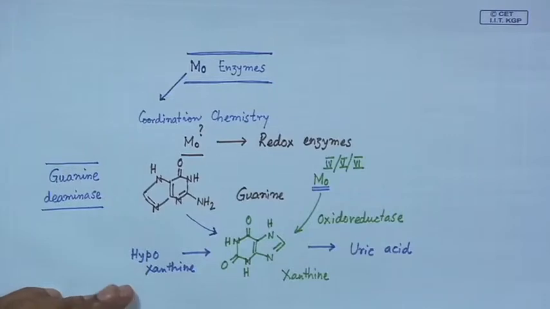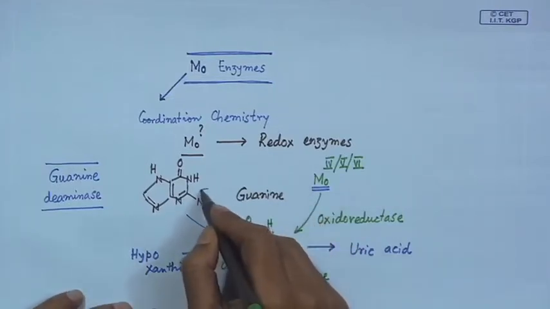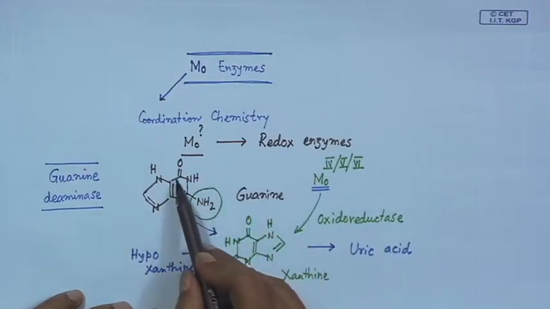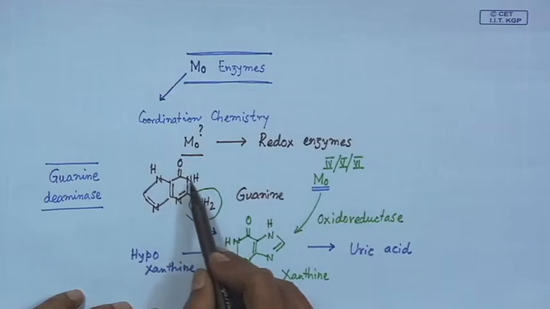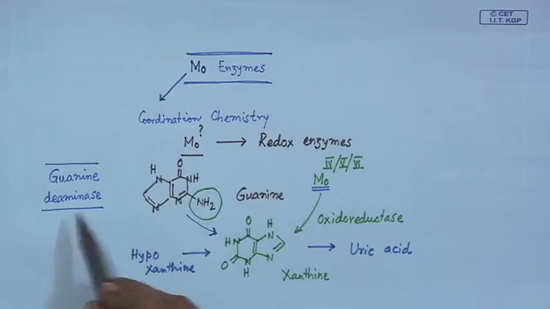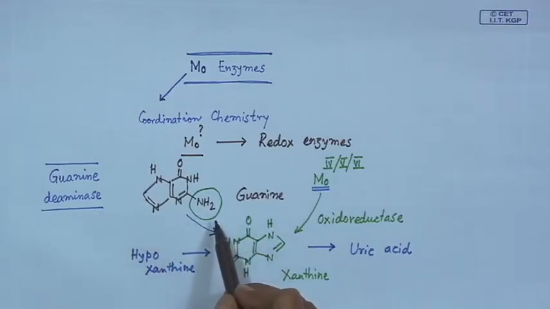That means, in this molecule, guanine has an NH2 function attached to the 6-membered heterocyclic ring containing the oxygen and 2 nitrogens. When this NH2 function goes out, the guanine deaminase is working on the guanine molecule, and the guanine molecule is getting transformed to the xanthine molecule.